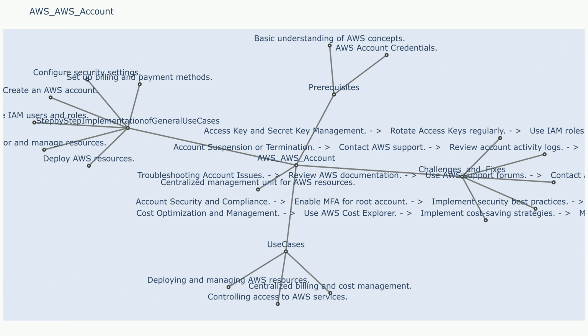Reach out to AWS support for technical assistance with account-related issues. Check for service disruptions. Verify if any AWS service disruptions are impacting your account. Verify account settings and configurations. Ensure that your account settings and configurations are correct and up to date.